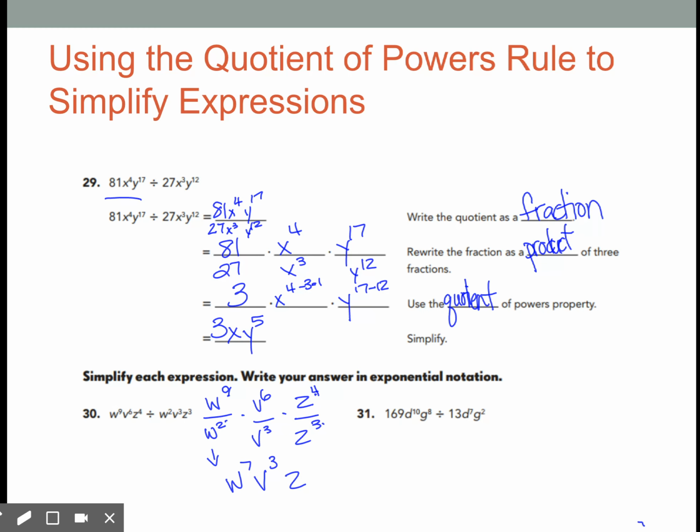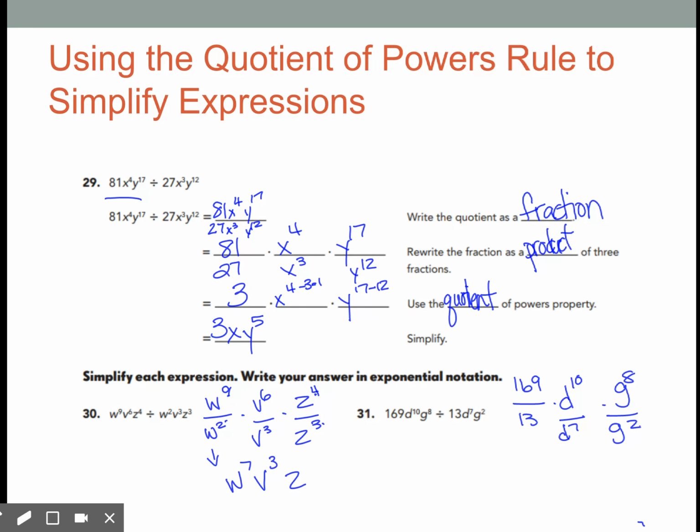Same thing with number 31. I'm going to go ahead and separate out my terms. First, I'll start with the coefficient here of 169 divided by 13 times d to the 10th divided by d to the 7th. Excuse my lopsidedness. And g to the 8th divided by g squared.